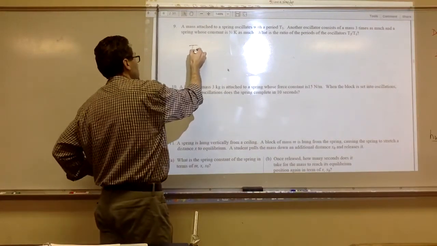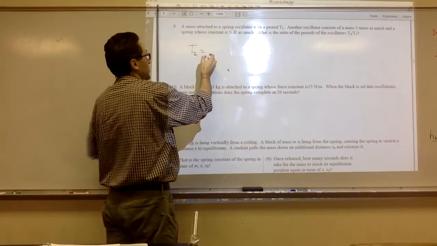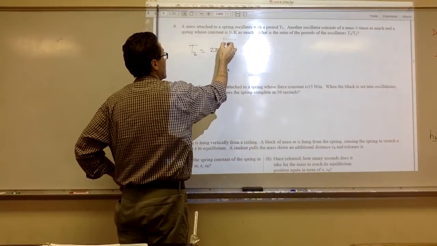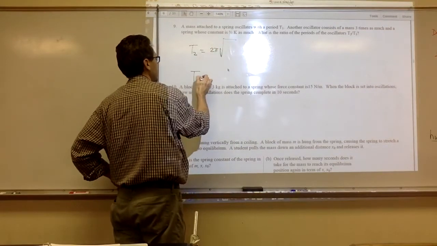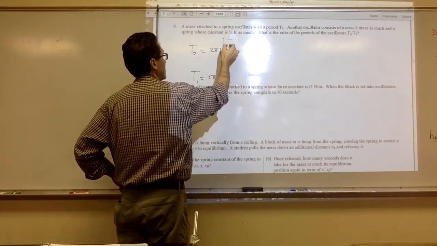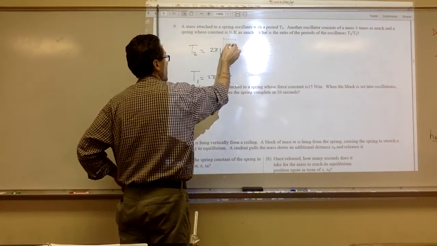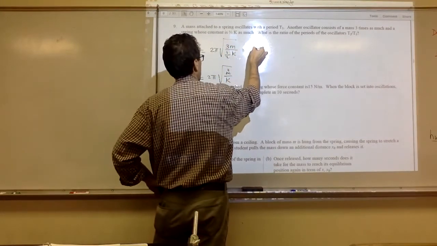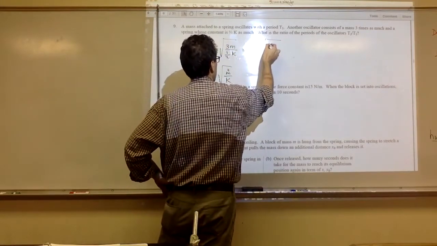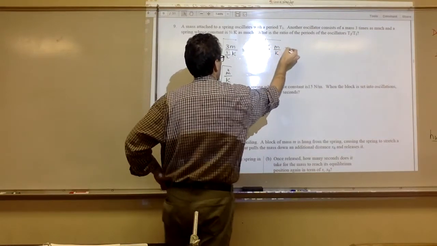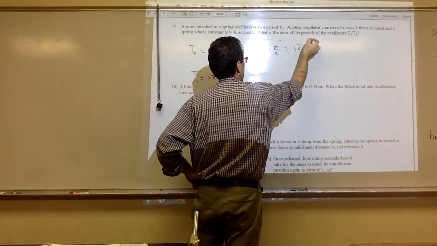Well, T1 is 2 pi square root of m over k. So T2 is going to be 3 times the mass and half the k. So this is going to be 2 pi square root of 6 m over k. So I think I can take the 6 outside.